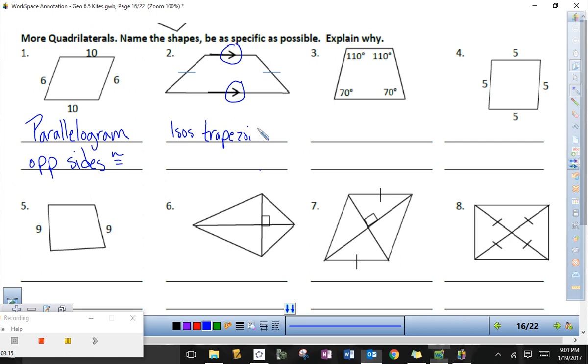So we want to give those two reasons, because there's two things that made it an isosceles trapezoid. The one pair of parallel sides made it a trapezoid, and the congruent legs made it isosceles.